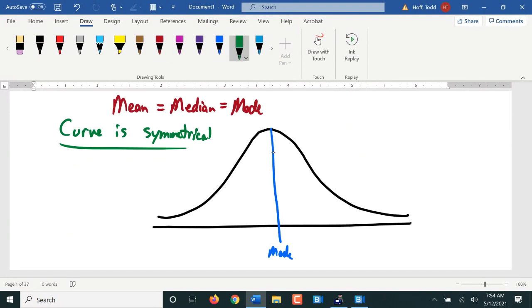Well, the median is also in the center, half the data is smaller, half the data is larger. And the mean will also be there. The mean, median, and mode are the same number.